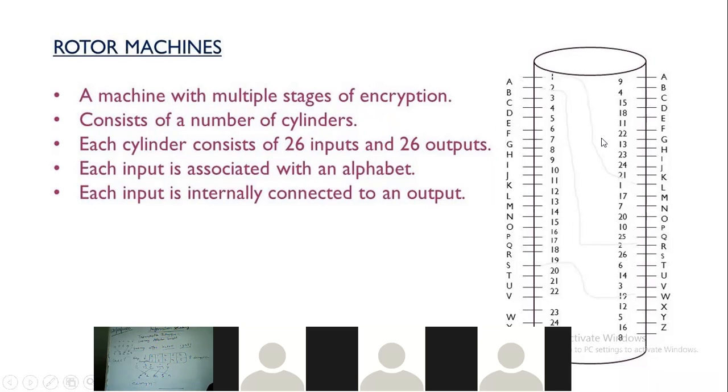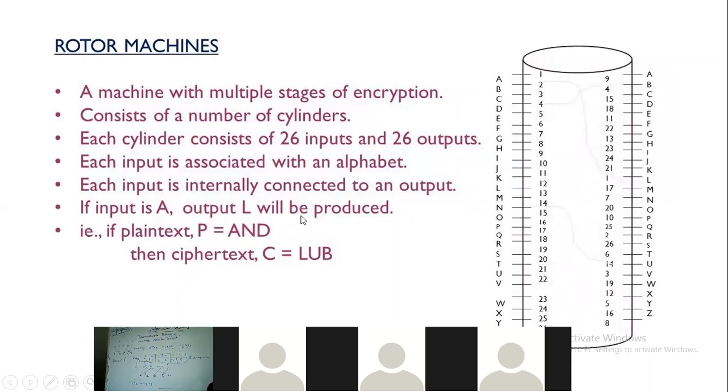If I press A, its output will be L. If I press B, its output will be R. In this way we can convert our letters to cipher letters. Here we have an example: if I press input A, its output will be L.